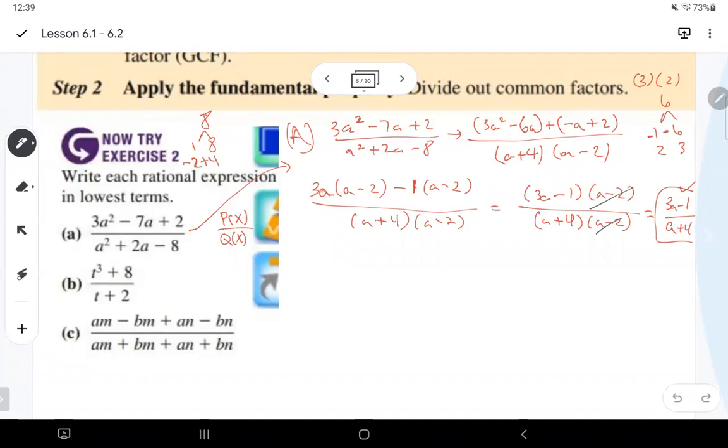Okay. So for C, you should be able to pick up that we have to do factor by grouping. In the top, we can pull out an M in the front and an N in the back. Same thing on the bottom, M in the front, N in the back.